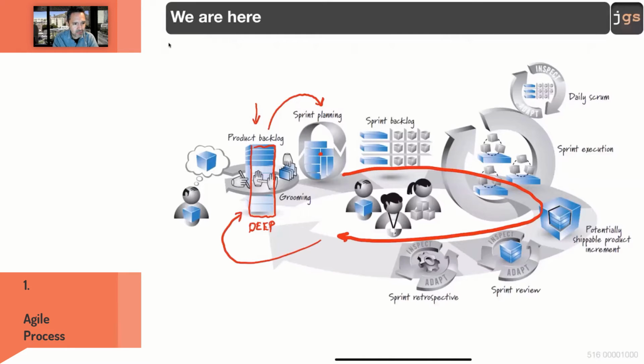If you do not finish something, you put it back in the product backlog. But hopefully your goal as a self-organized team is to finish everything that you select from here to here.